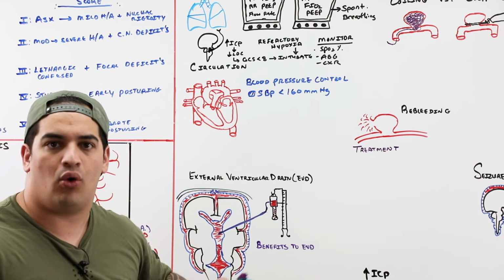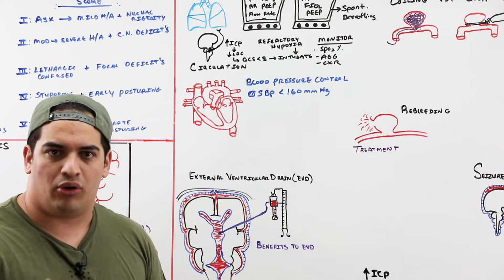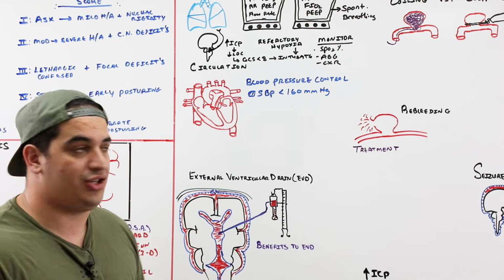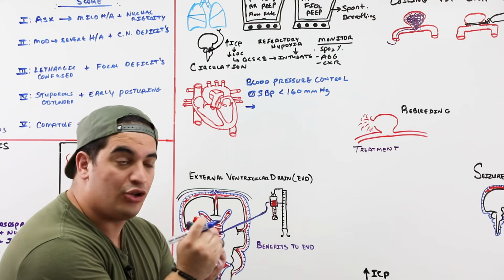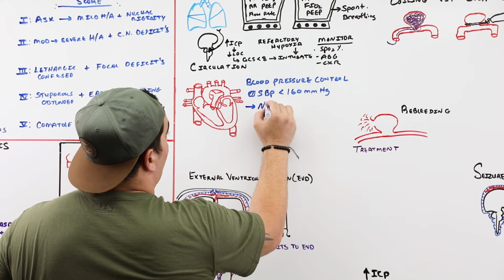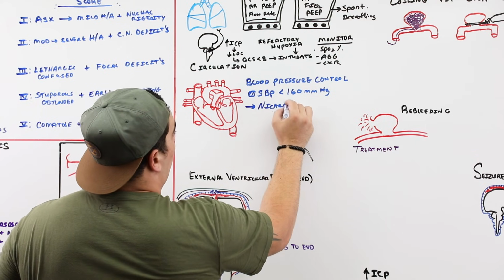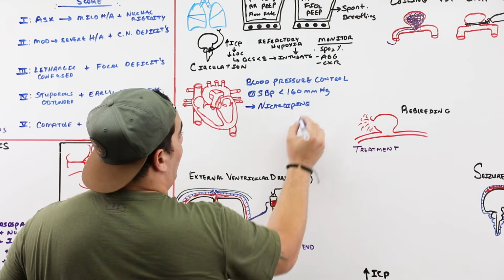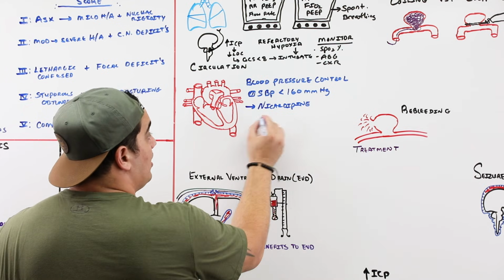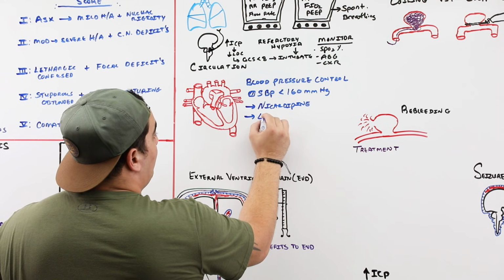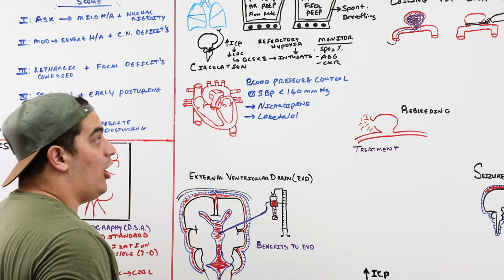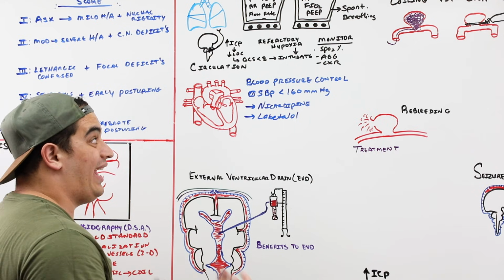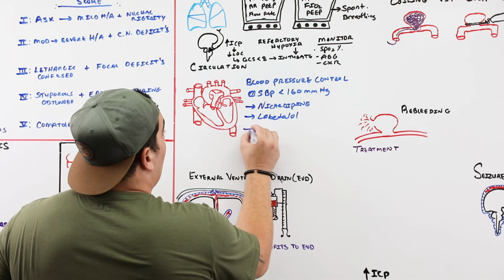After you secure them with a coil or clip, it's a little bit more liberal and you can just change based upon what the patient needs. But the best thing you can do for this is very tight IV medication control. And I want you to remember nicardipine as a big one. This is a calcium channel blocker. It's going to vasodilate those vessels. That's an infusion. You have labetalol. Labetalol is an alpha and beta blocker, so it'll help with decreasing inotropy, chronotropy, and dilating vessels.